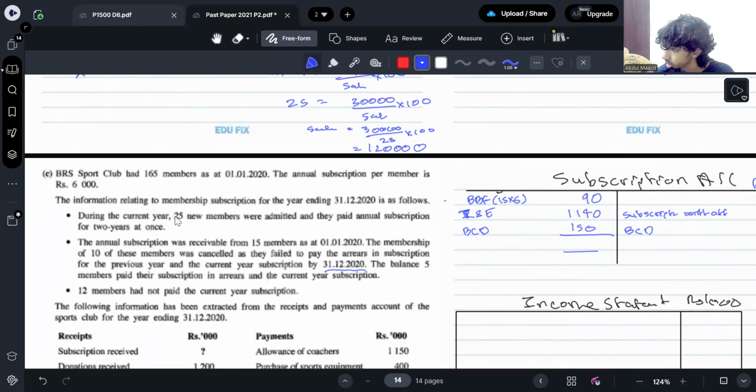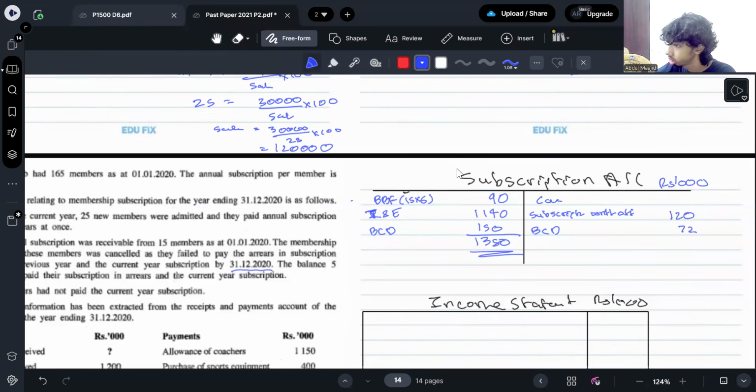If you total it, 1,380, you can deduct these values and find the cash received amount. 1,380 minus 72 minus 120, 1,188.